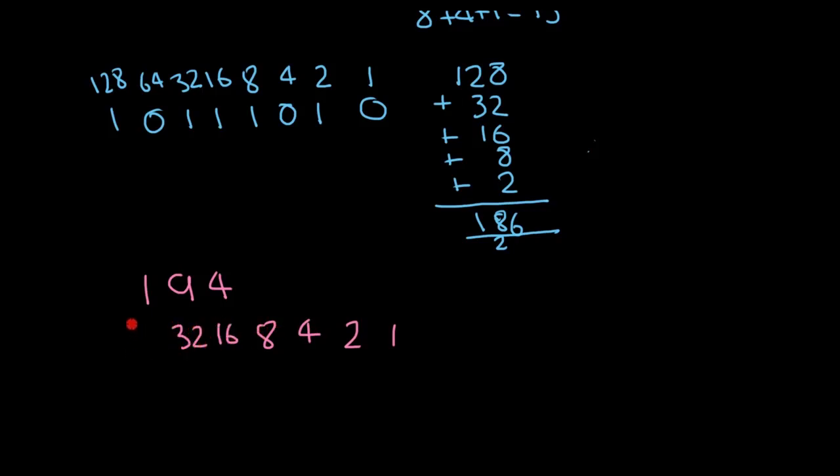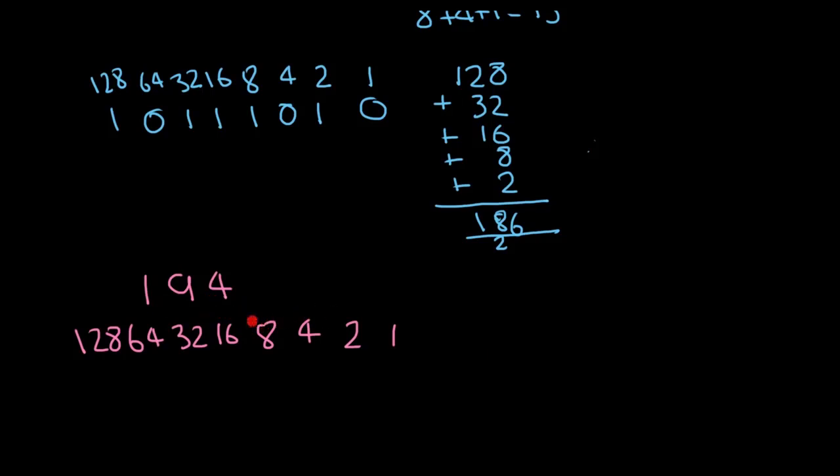Now, if you've got a small number that you need to convert, then this gets quite easy. So let's say I need to convert the number 9. I can probably figure out in my head, okay, I need an 8 and I need a 1, and then I'm sorted for 9. I can put zeros under everything else. But if you've got a larger number like 194, then you usually need a bit of a method to figure out how to do it.